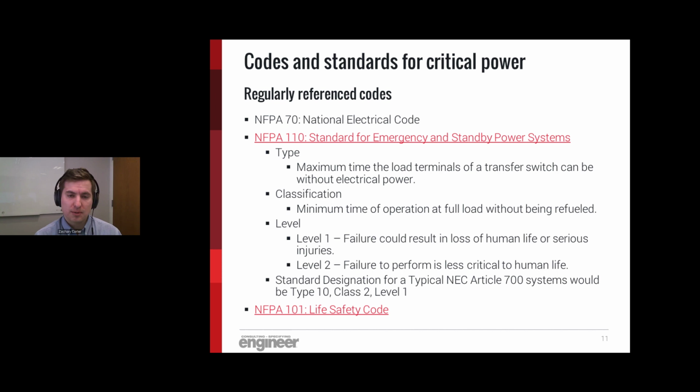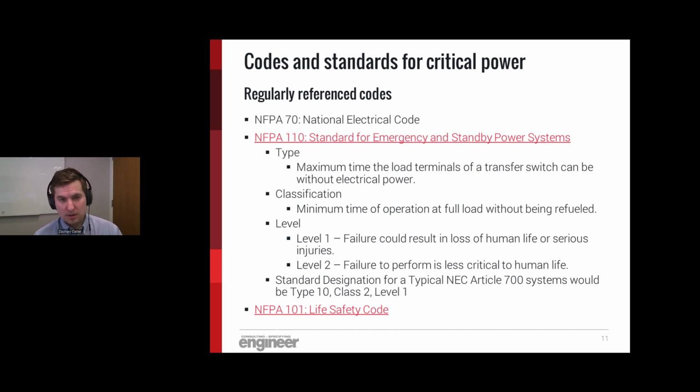Class 2 is for a minimum operating time of 2 hours, which, if you think about the emergency system, 2 hours to get people evacuated out from a space, seems to make sense. And Level 1 means that if the system failed, there could be potential loss of human life or serious injuries. So Article 700 is Type 10, Class 2, Level 1.